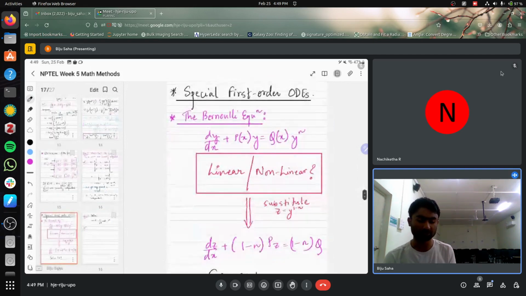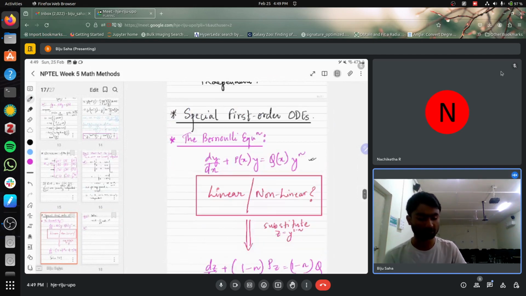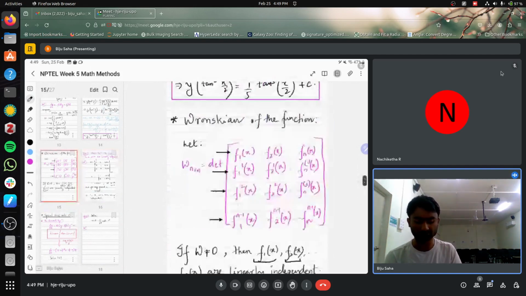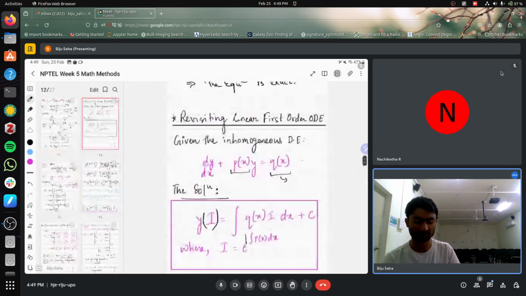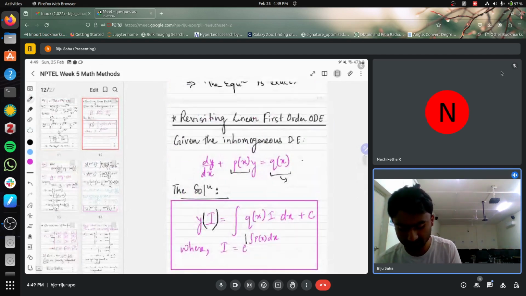Now let us come to some special category of first order differential equation. This is something known as Bernoulli equation. You can easily compare this particular differential equation with what we saw a few minutes ago, which we saw here. Just for the sake of comparison, I am bringing it to that slide.